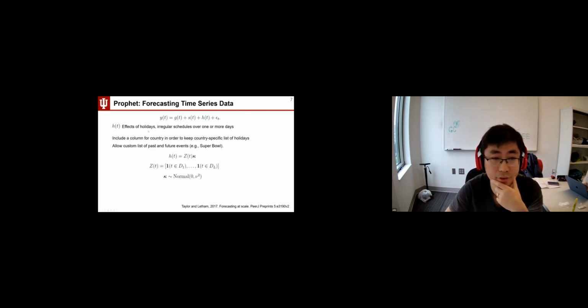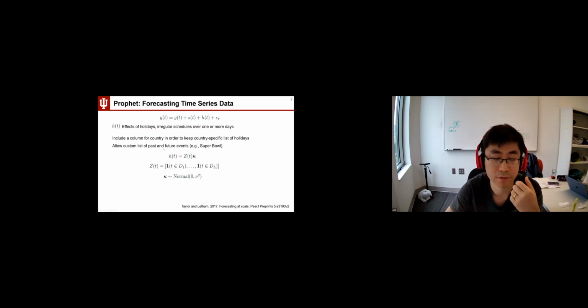And finally is the holiday effect. That represents irregular schedules over one or more days. In Prophet, we can build our own calendar to explicitly say which days are holidays, and it also has a default calendar based on different countries.